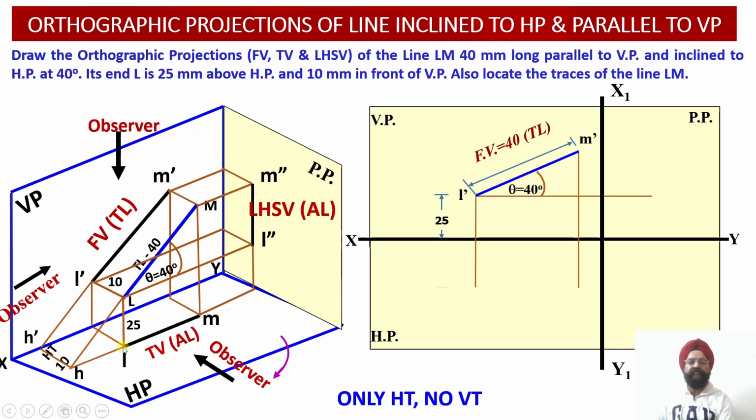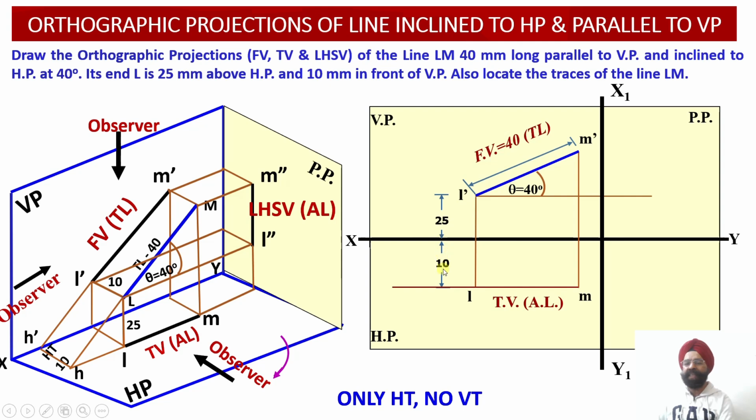So 10 millimeter in front of the vertical plane means that, because of the clockwise rotation of the horizontal plane, this 10 millimeter distance will be located 10 millimeter below the XY reference line. So let us measure this distance 10 millimeter below the XY reference line.